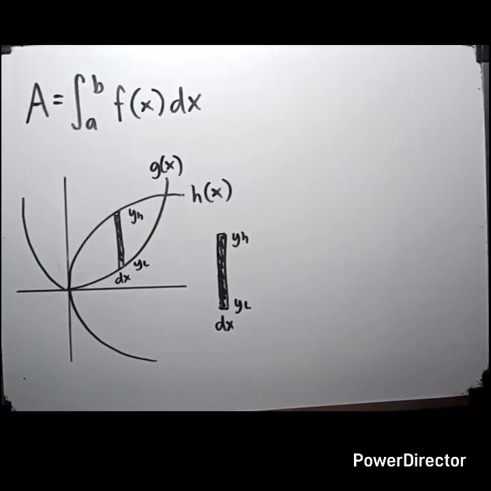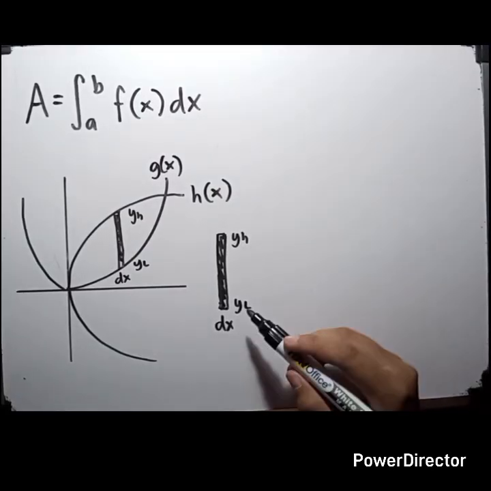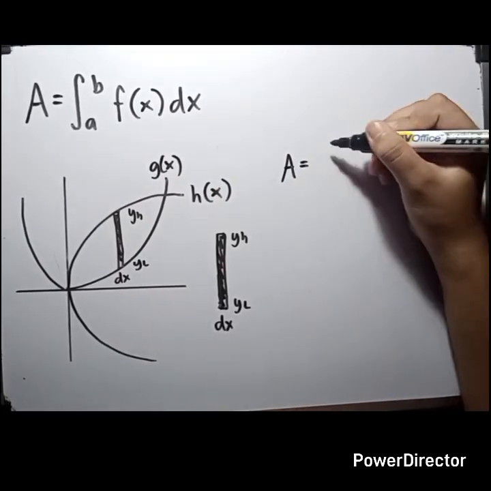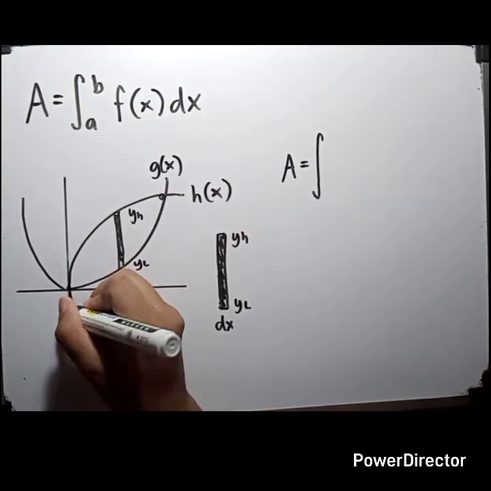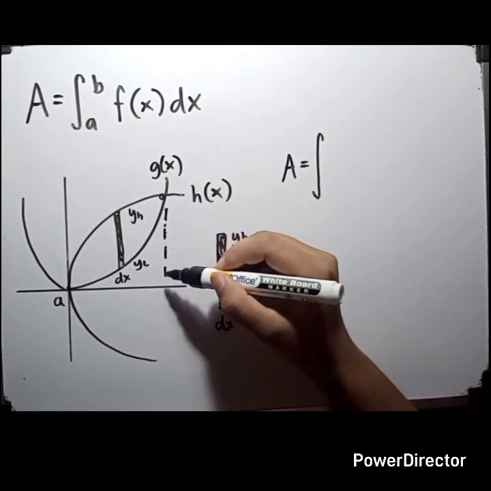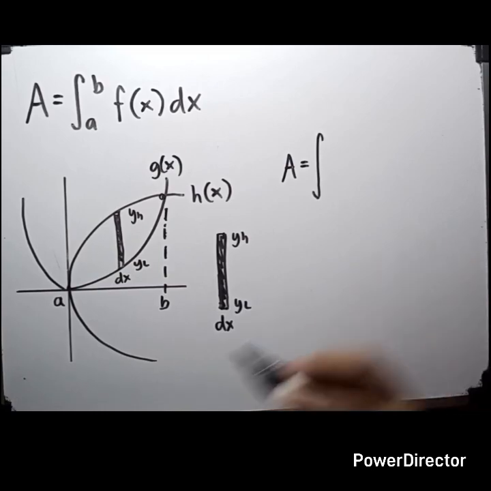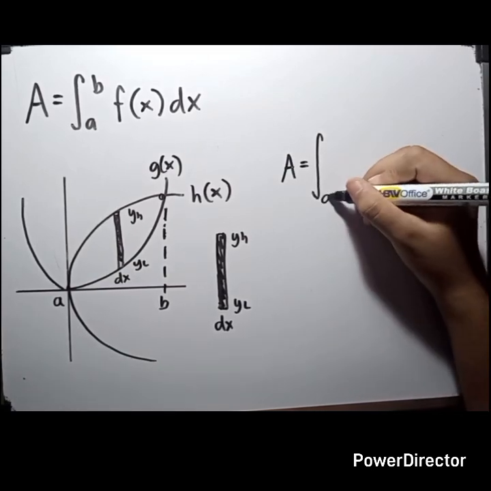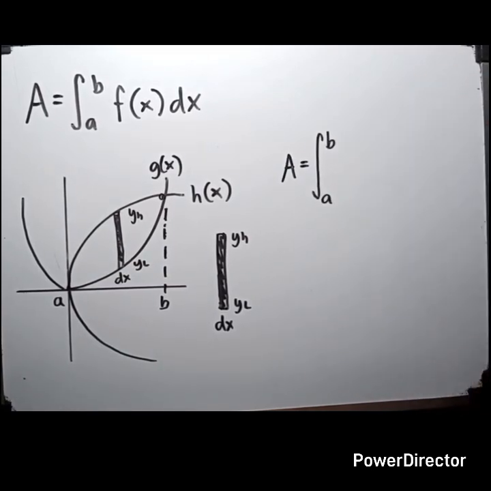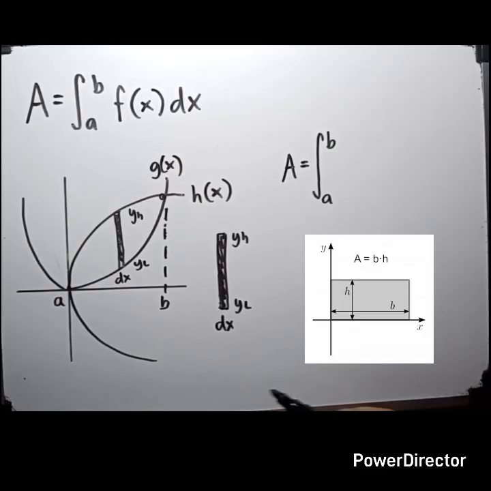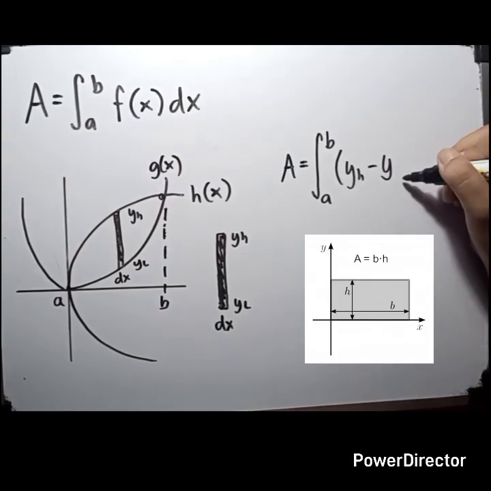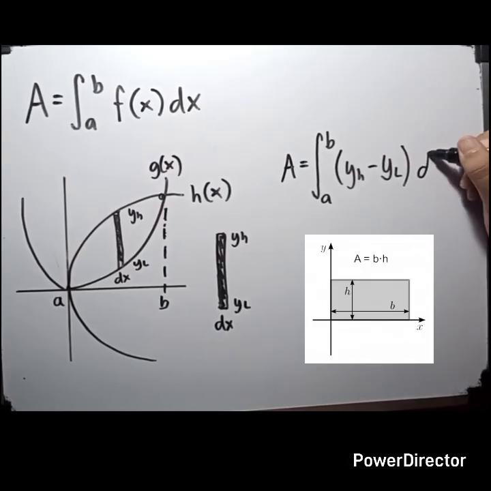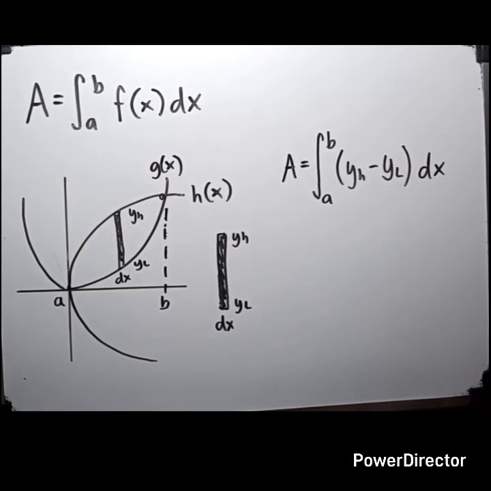As you can see, we have formed rectangular strips. To get the area, we have to find the interval under the curves. We have a to b. From left to right, we have our lower limit a and higher limit b. By applying the rectangle formula, we have our height y high minus y low, and our base is dx.